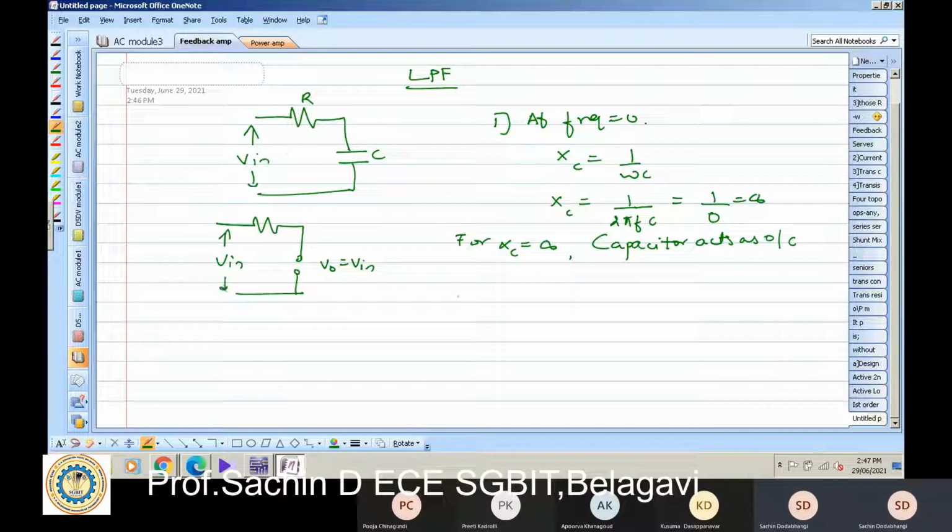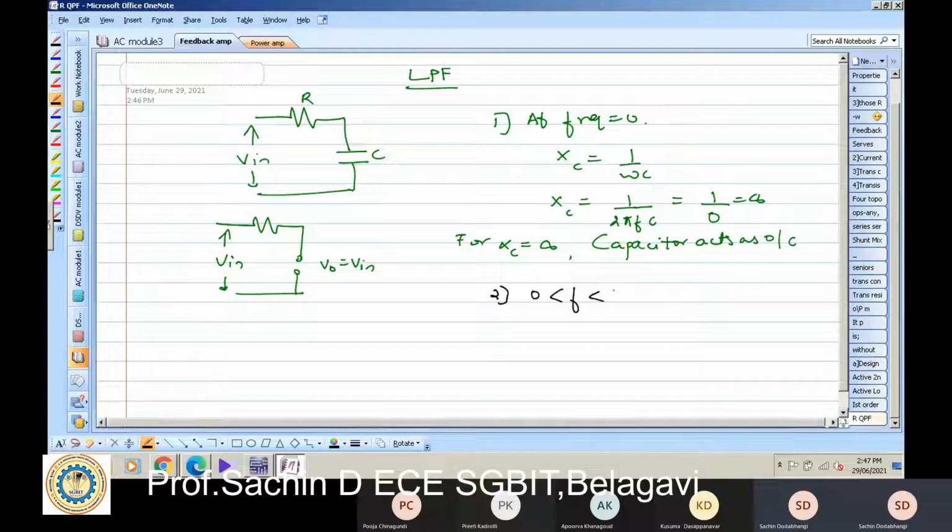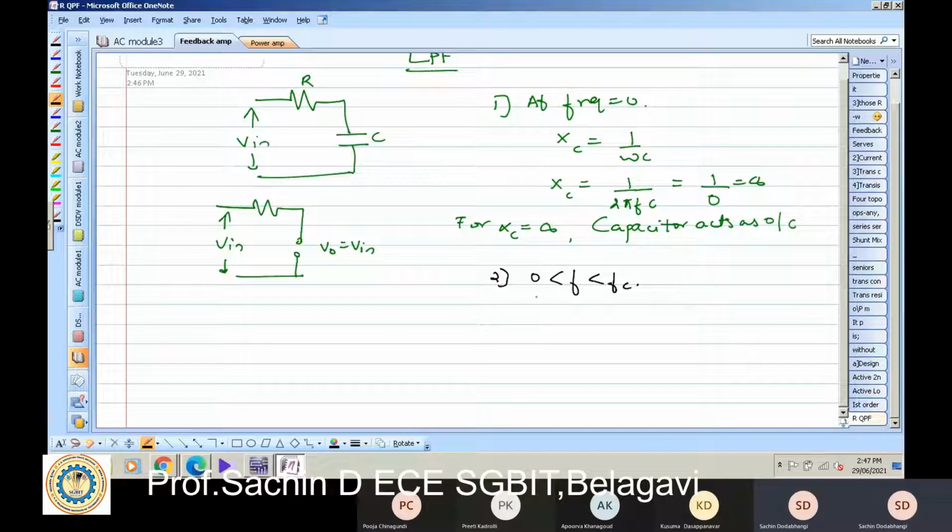Now I will take the second case, when frequency f is more than 0 but less than the cutoff frequency. I will draw the diagram here. After the cutoff frequency the output is decreasing.